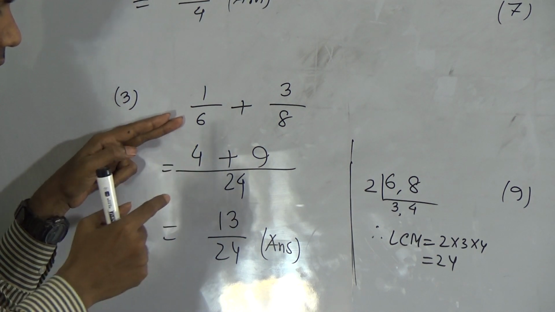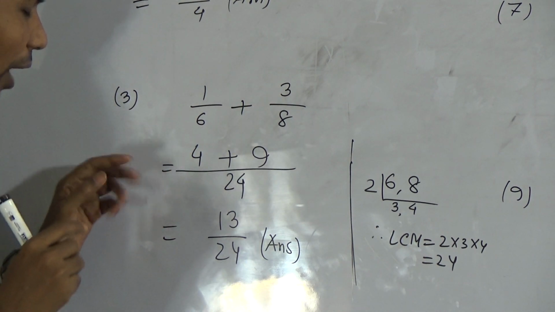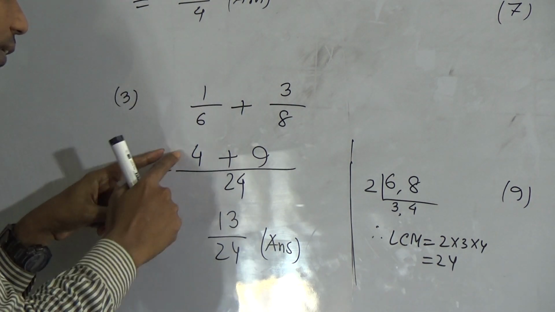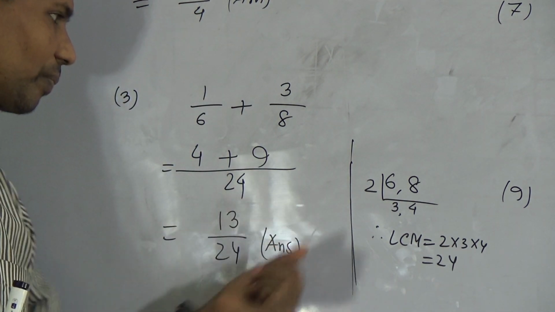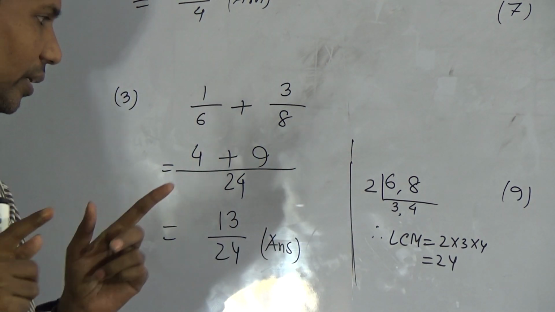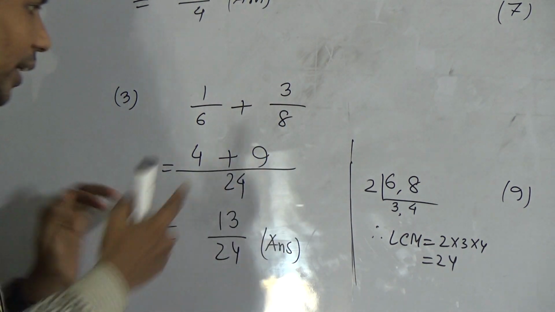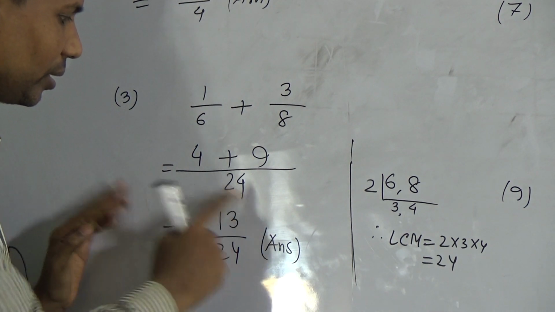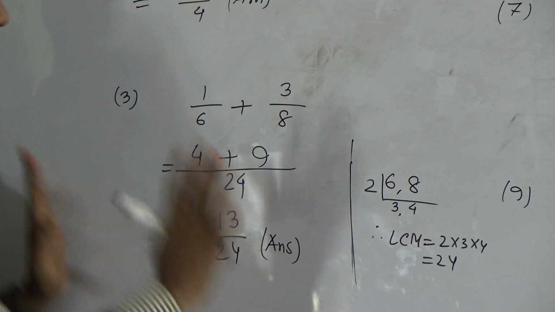Then we get 4 because 4 6s are 24. Now multiply with 1, then 4 ones are 4 plus. Similarly, divide 24 by 8, then you get 3. Now multiply with 3, that means 3 into 3 equal to 9. Now 9 plus 4 equal to 13 and denominator 24. Okay, this is the answer.